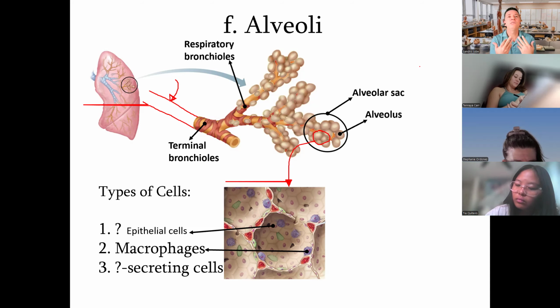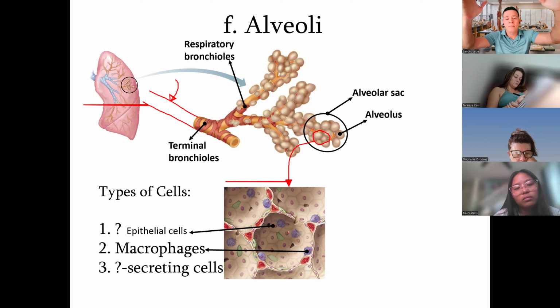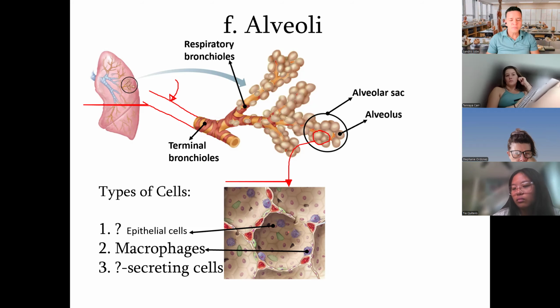The cilia are going to push the mucus upwards. That's another layer of protection. And we have macrophages inside of the alveoli so that if a bacteria or a virus or whatever gets inside the alveoli, the macrophage will engulf them, take them inside and destroy them. Another layer of protection. Okay?